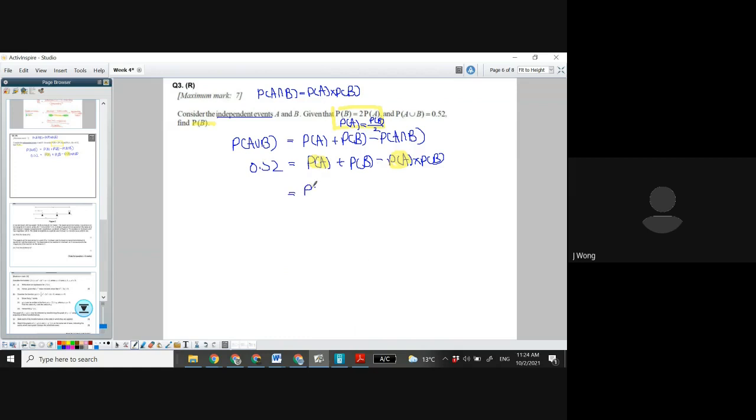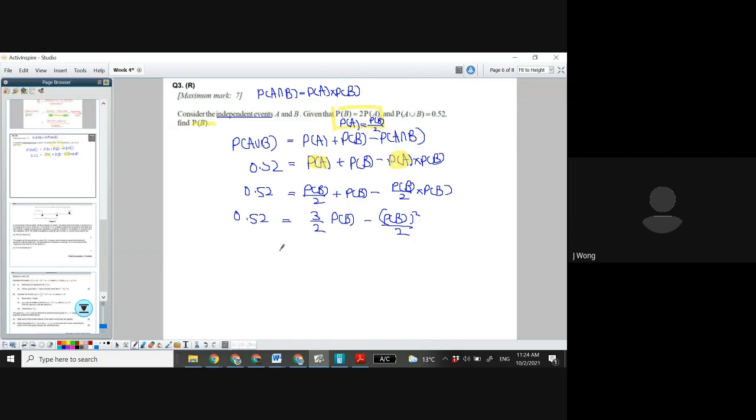So you have probability of B divided by 2, plus probability of B, minus probability of B over 2 times probability of B. And you will have 3 over 2 probability of B minus probability of B all squared divided by 2 equals 0.52. If you look closely, this is just a quadratic equation.